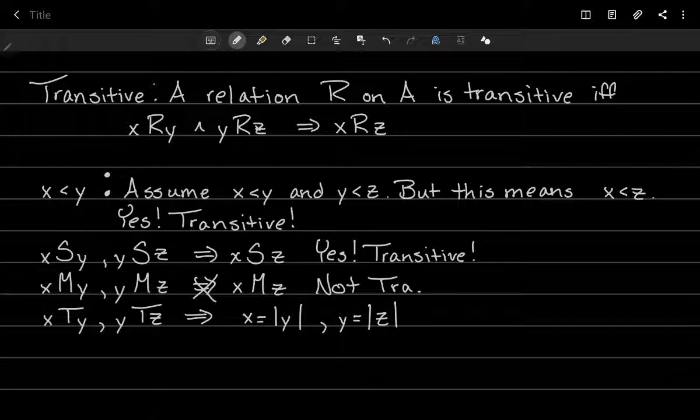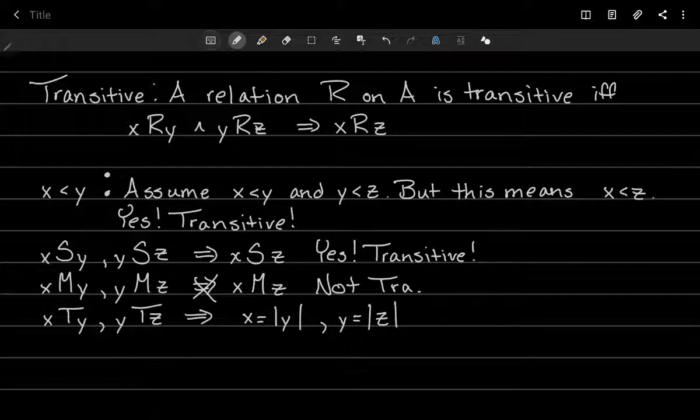I see a problem already with trying to get x equal to the absolute value of z. What if y is negative? No, that's not going to happen. If y was negative, I'd have an issue because this wouldn't be well defined. But we're assuming y is related to z, so y has to be positive. The only way y can be related to z with this equation is if y is positive.